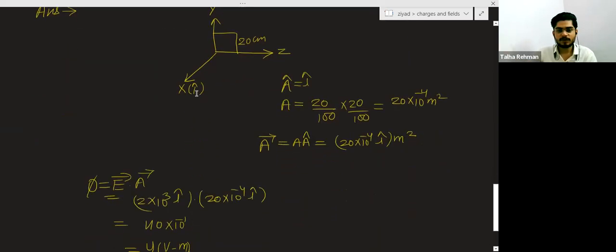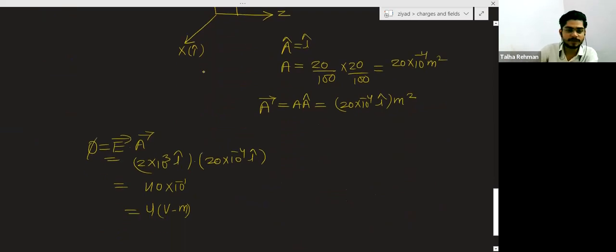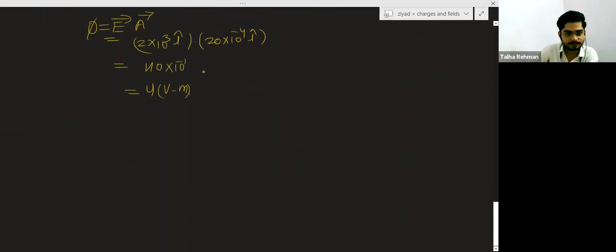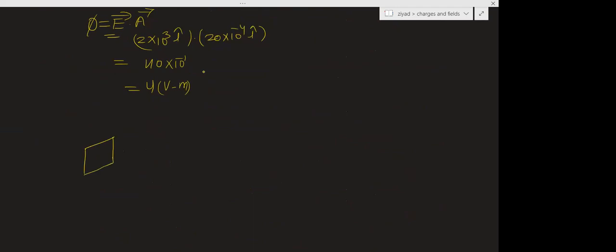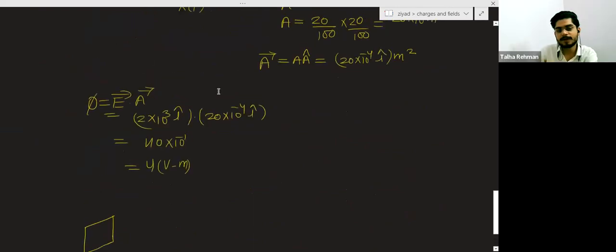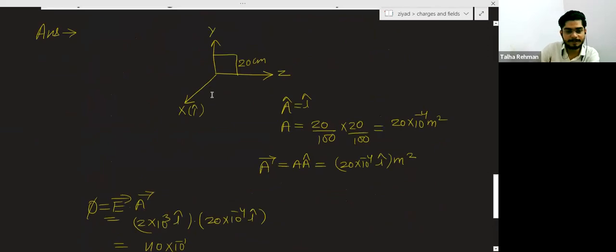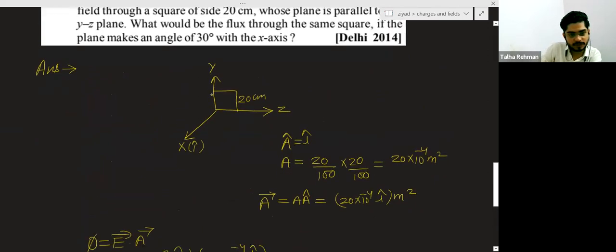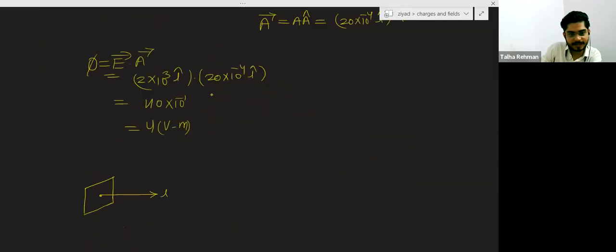Now I am taking the same square, and this square is now making an angle. Suppose this is your x-axis, or I cap direction. I have to change the figure a little according to the question.